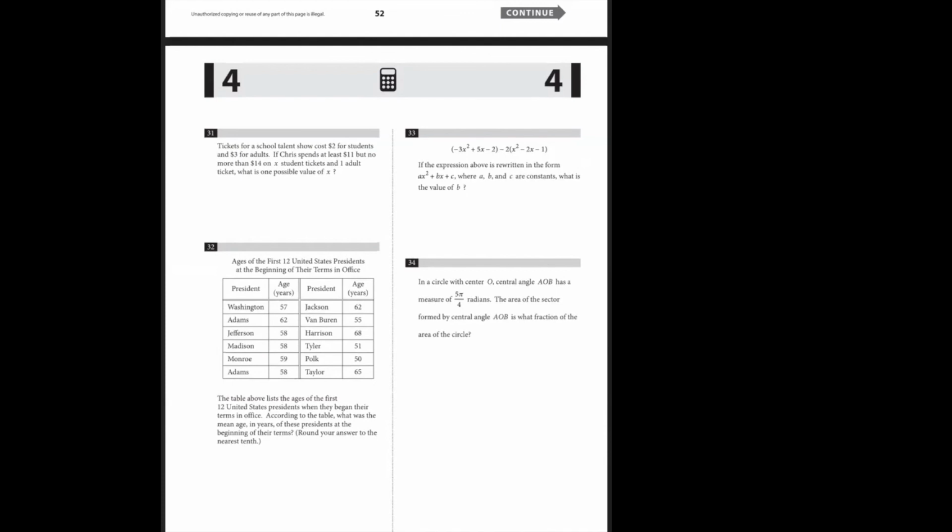For this problem, all you have to do is simplify it, combine like terms, and figure out what your b value would be. Of course, the negative 3x squared plus 5x minus 2, you don't have to do anything to that. It's already there. But there is a negative 2 in front of this, so you do have to simplify that.